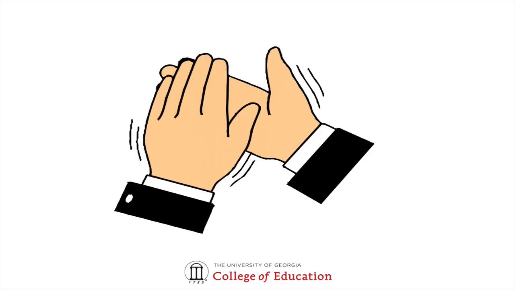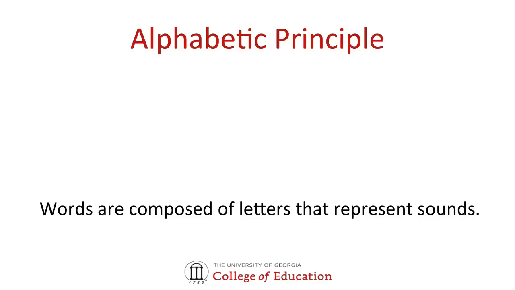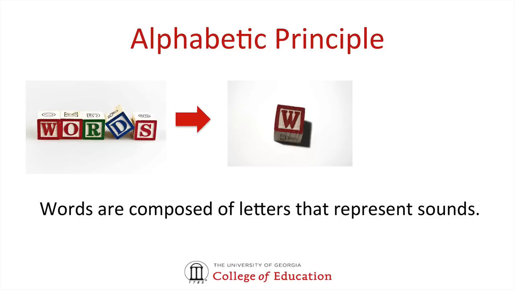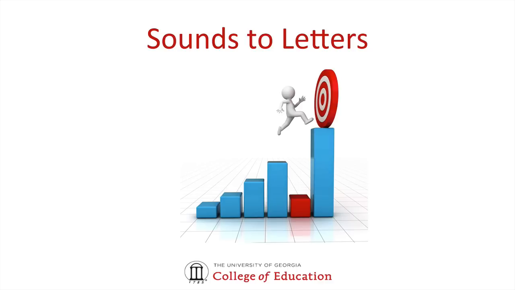Congratulations, you now have a solid phonics vocabulary. Let's review. The alphabetic principle is the understanding that words are composed of letters that represent sounds. Building students' phonological awareness involves the segmenting of sounds at various levels of the sound structure. Students who develop proficiency with phonological awareness will have an easier time connecting those sounds to letters.